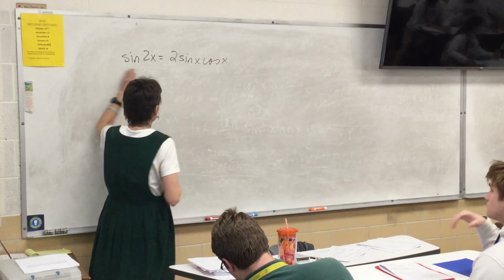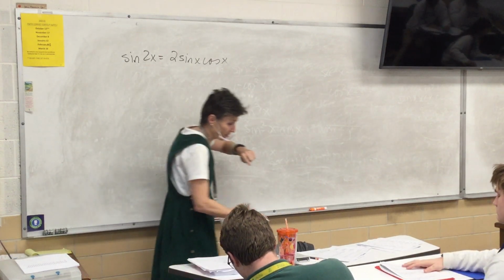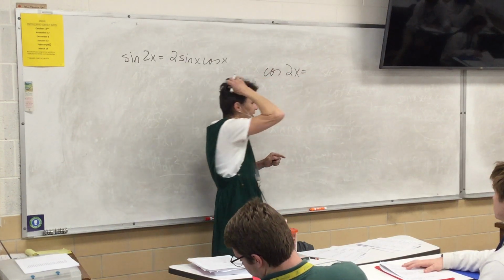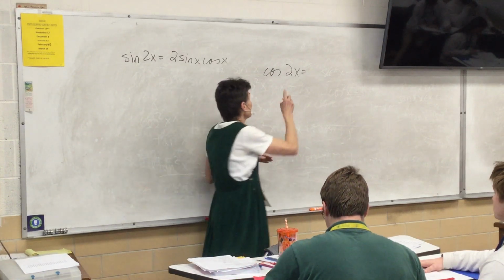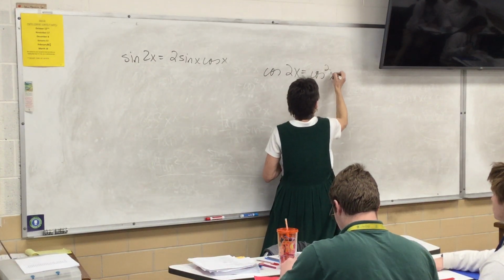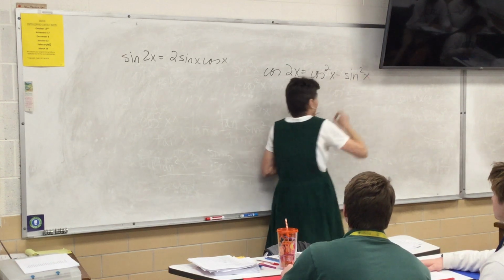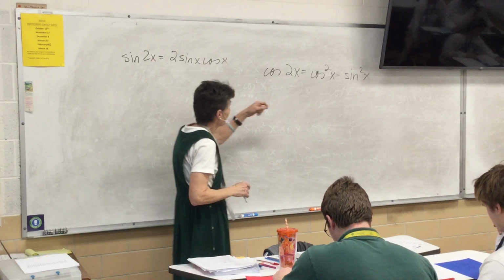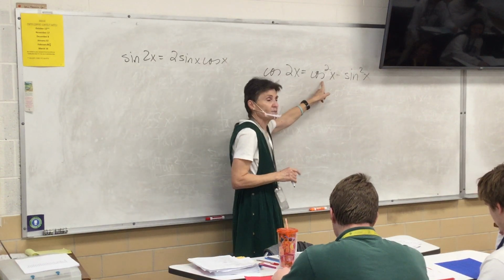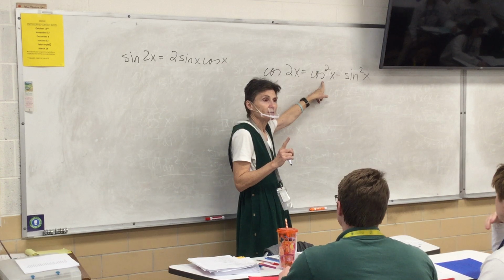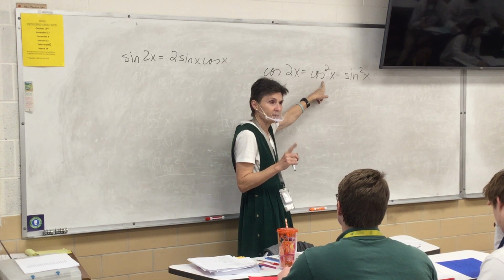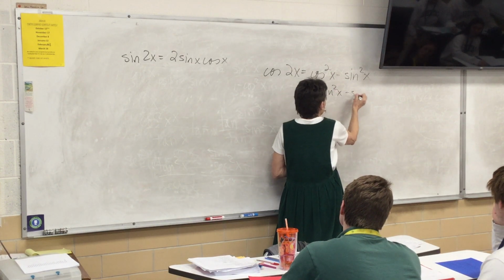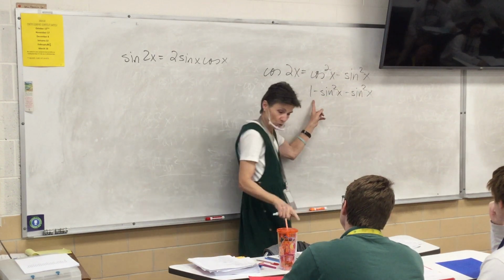But before we actually prove that, I want to comment on the cosine identities. There are different versions of it because the main version is cosine squared minus sine squared. And we could derive that the same way we're going to do this one, but we don't have time to do all of them. But remember, what's cosine squared? 1 minus sine squared. So if you thought of this as 1 minus sine squared, do you see how you get that version on the paper there?